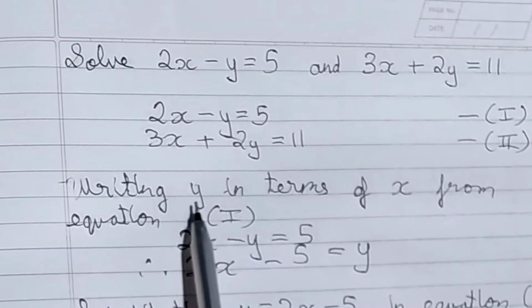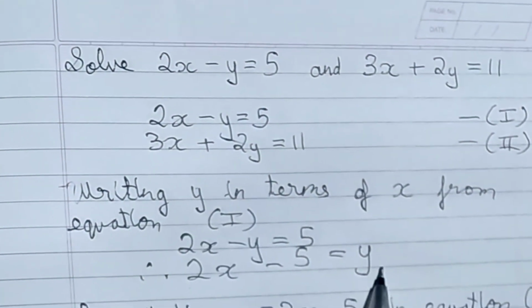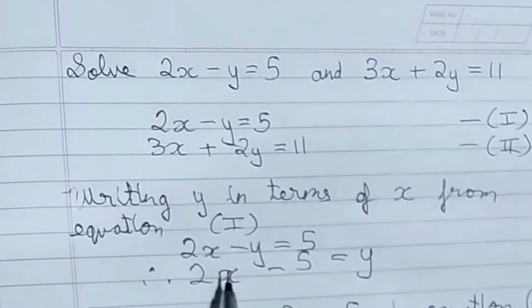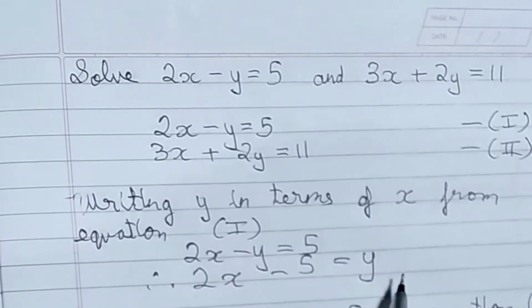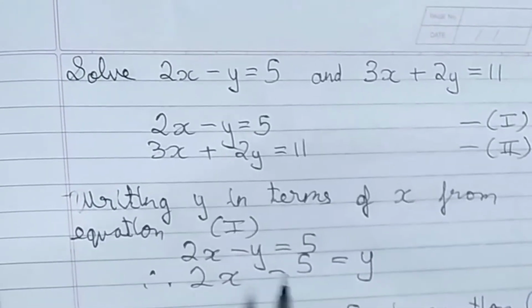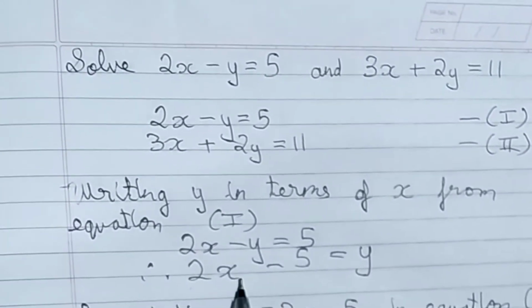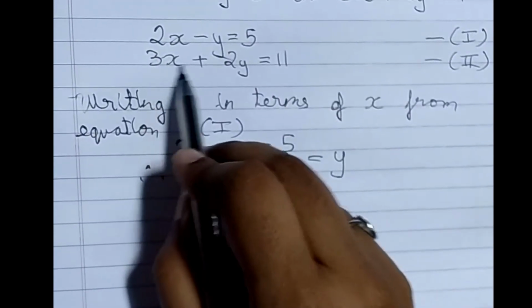So writing y in terms of x means only the y term will remain on one side and all the other terms, including the x term, will be on the other side. That is y equal to. This is the value of y. Now this value of y we will substitute in the second equation.